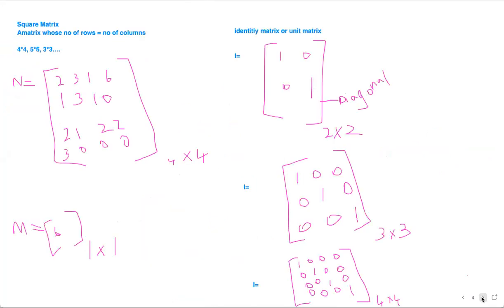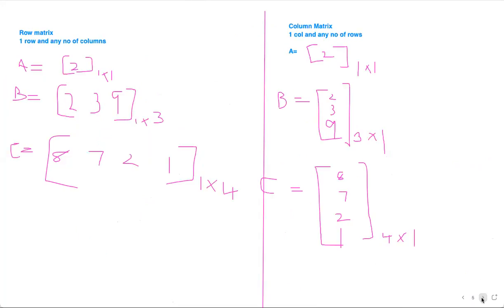And then square matrix, where the number of rows is equal to the number of columns. And then identity matrix, also called unit matrix, right? And then row matrix and column matrix, correct?